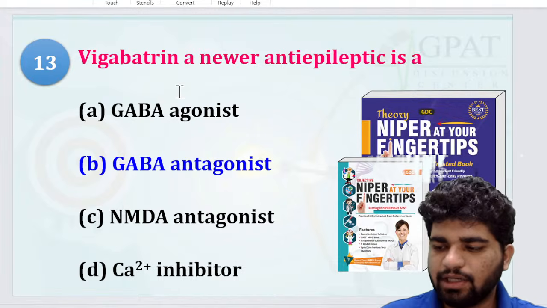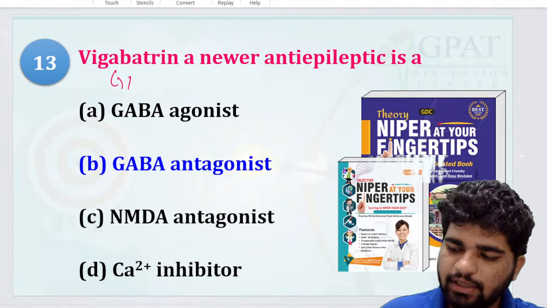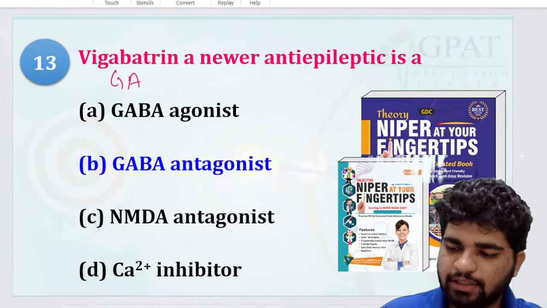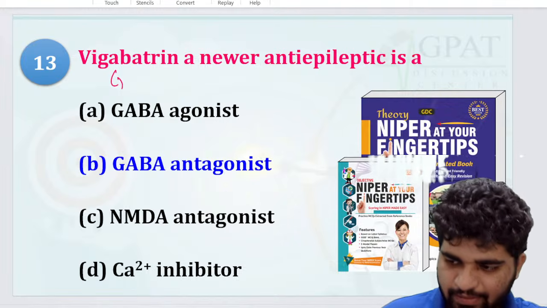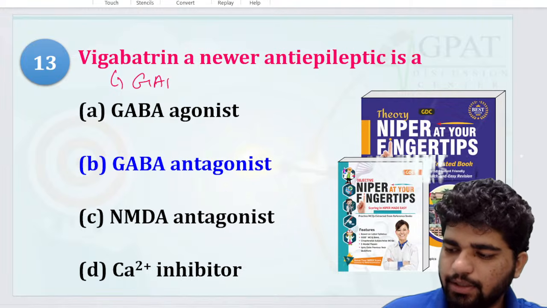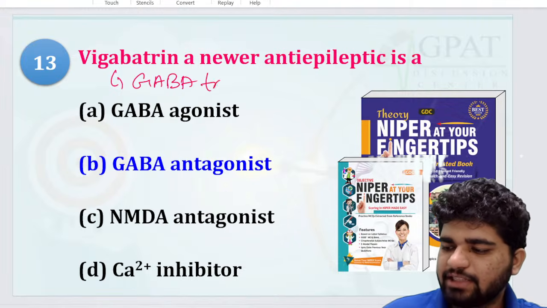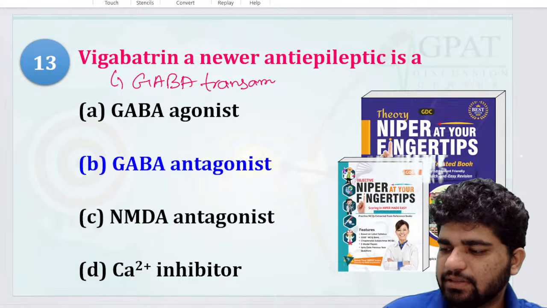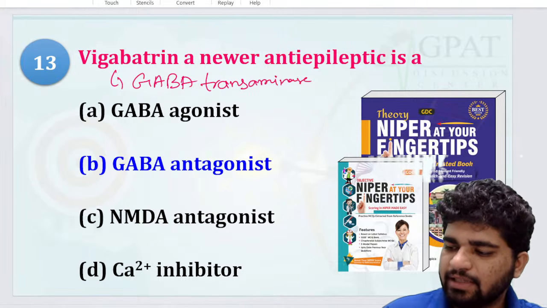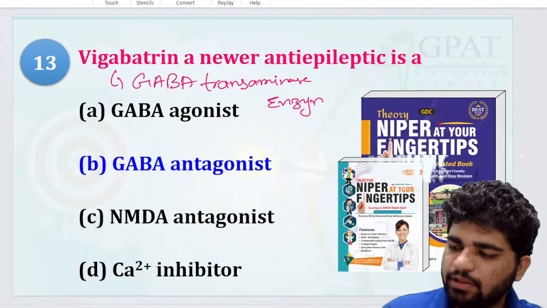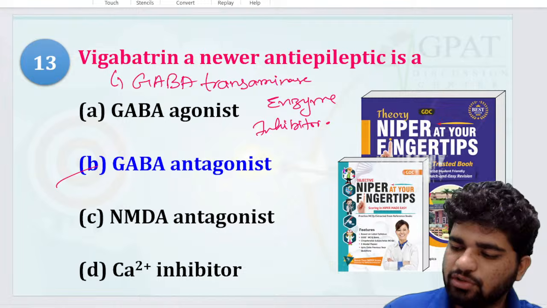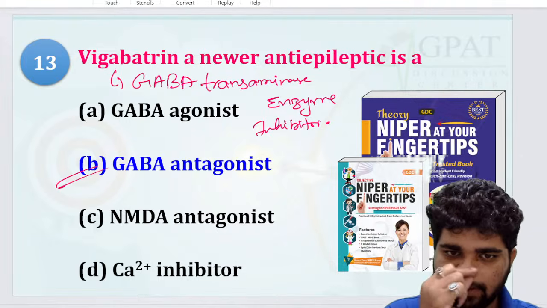Vigabatrin is nothing but a GABA transaminase enzyme inhibitor, right? So GABA antagonist would be right.